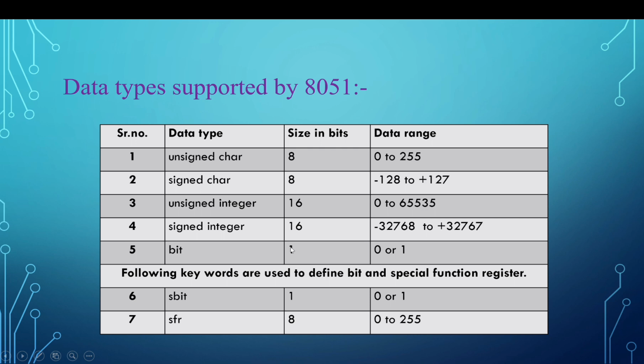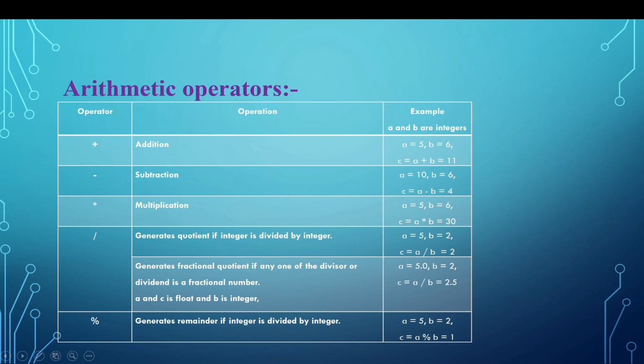Next is arithmetic operators. C supports four operations: addition, subtraction, multiplication, division. As I already explained, 8051 does not support fractional operation. So in case of division, we do not get 2.5.